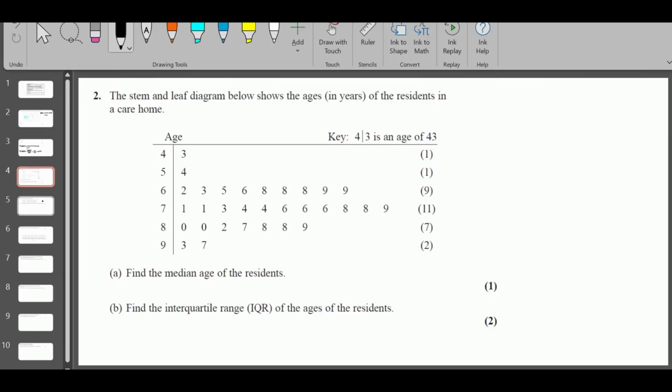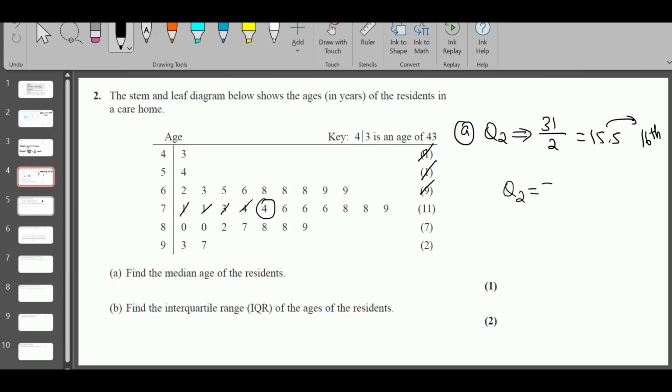To find the median Q2, you take 31 divided by 2, you get 15.5. So take the 16th entry. When you get a decimal number, you need to take the next entry. So 1, 2, 11, 12, 13, 14, 15, 16th entry. So the median is 74.